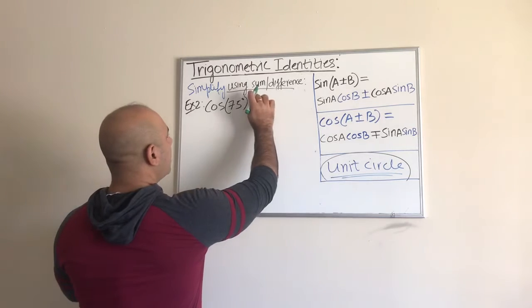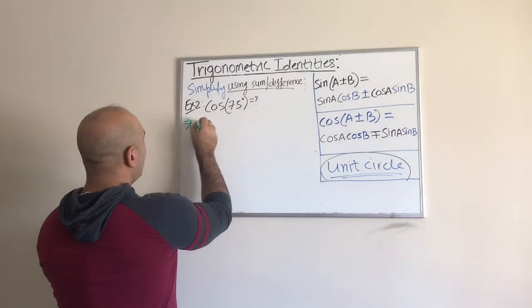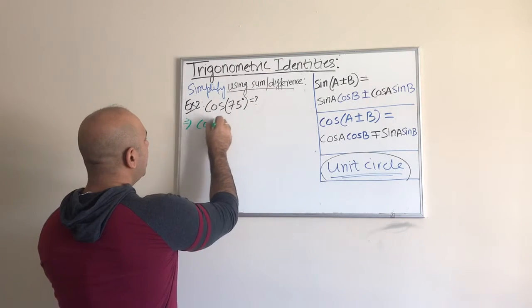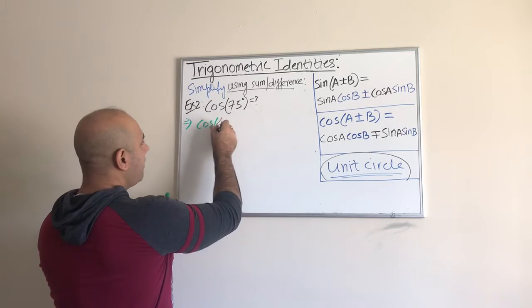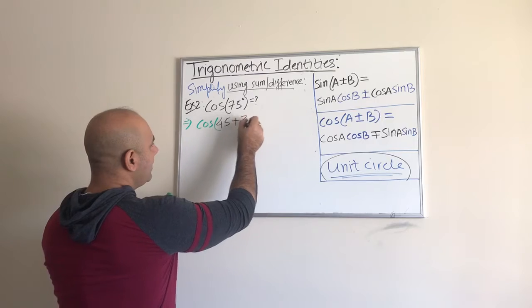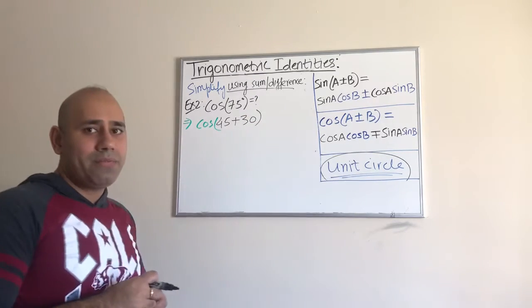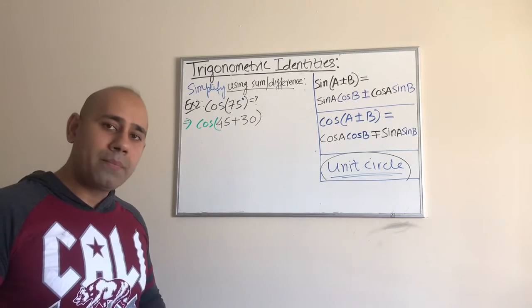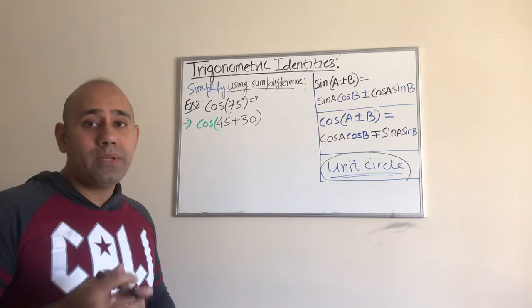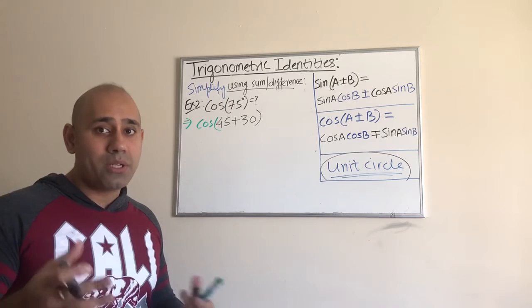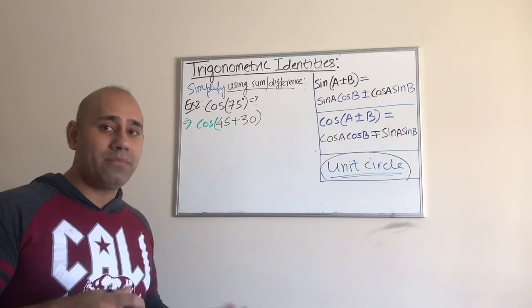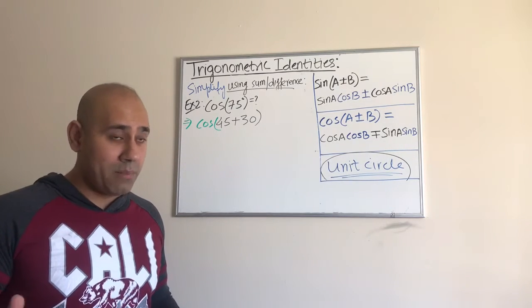So this is equivalent to cosine of 75. I'm going to break 75 as 45 plus 30, because 45 plus 30 is 75, and 45 and 30 are both on the unit circle. Actually, in our last example, we used 45 and 30, but there it was the difference because we needed 15. Here we need the 75, so we just have the sum, okay?